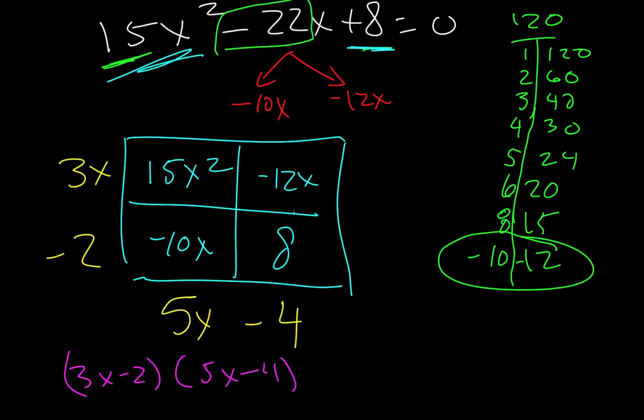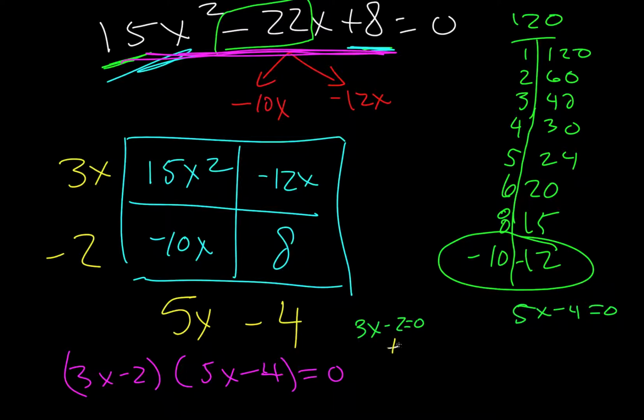Now remember, this thing in purple is equivalent to this thing in white, so this actually equals 0 as well. And what we're going to do is break this up and solve each of those individually for x. So we're going to say 3x minus 2 equals 0, and then 5x minus 4 equals 0 as well.